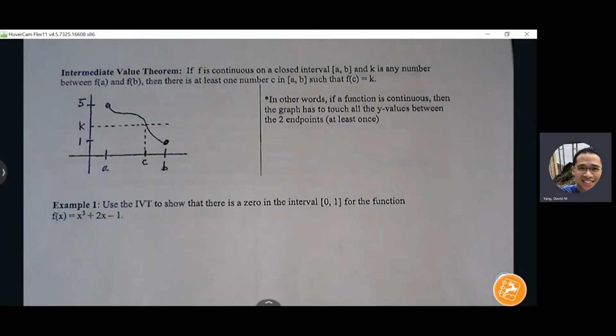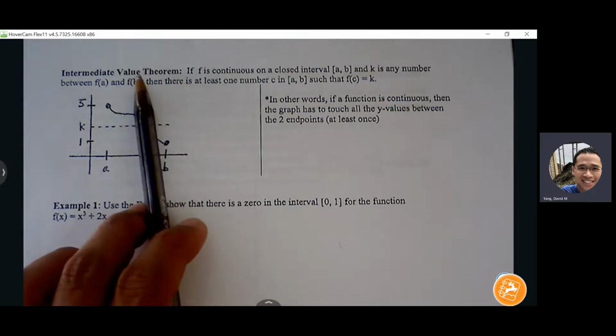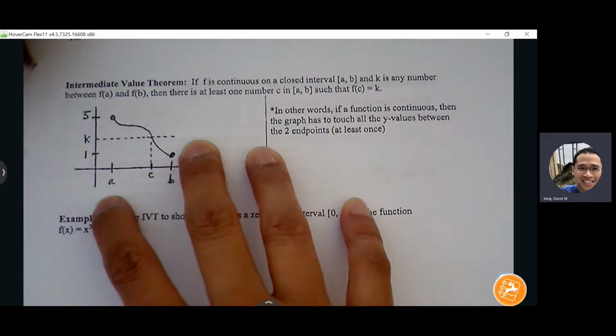This is the intermediate value theorem. Okay, let me read the definition and then try to make it so that hopefully you can understand, because sometimes the wording here is a little bit convoluted. So this is the intermediate value theorem, IVT as an abbreviation here.